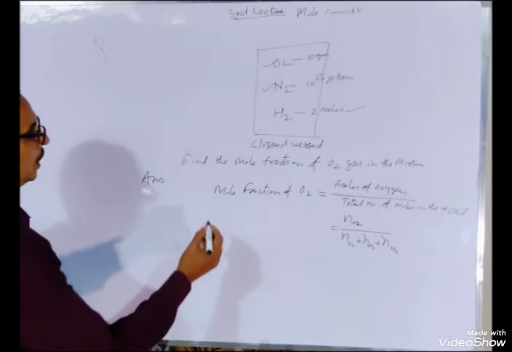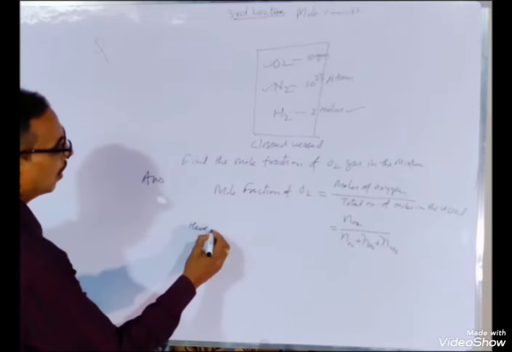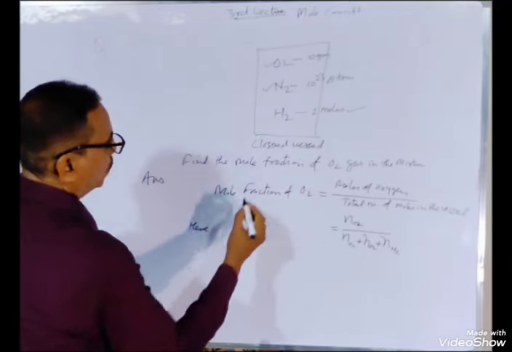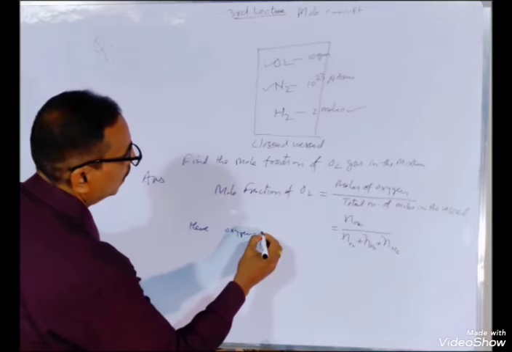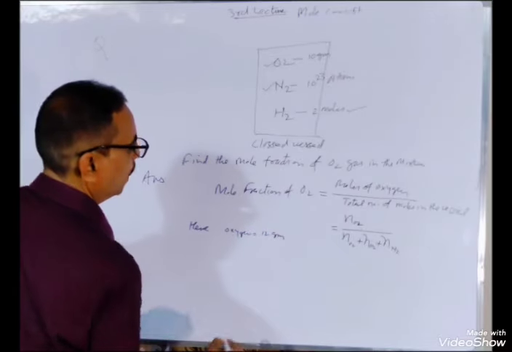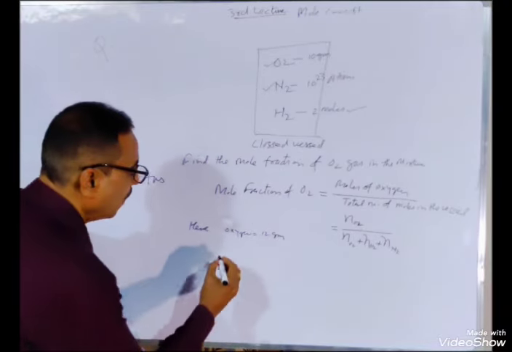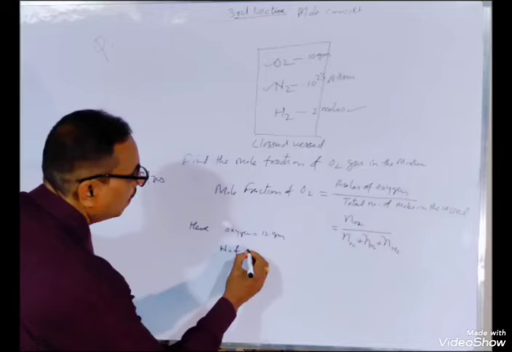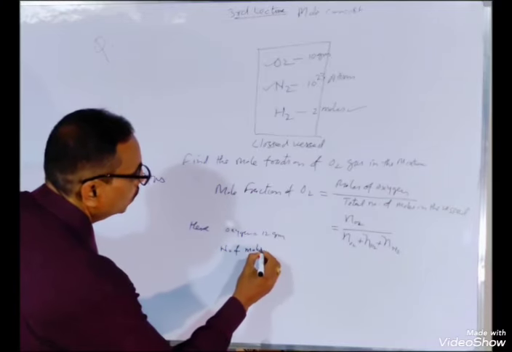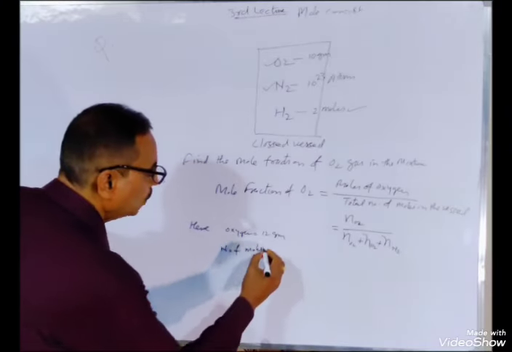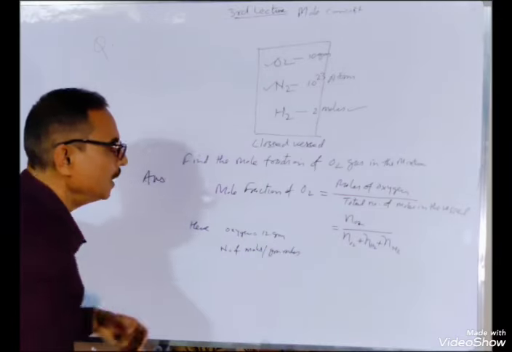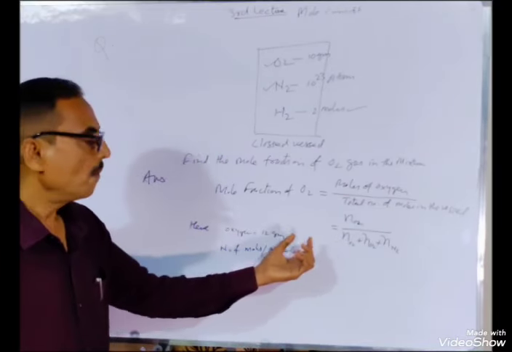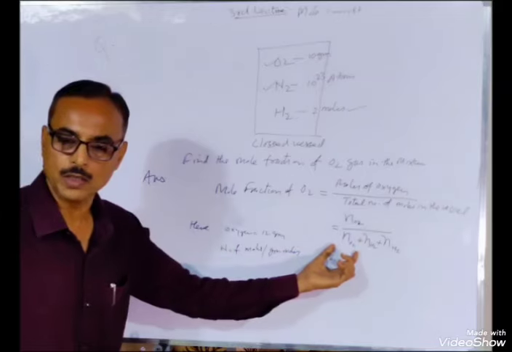So here, the oxygen weight given is 12 gram. So the weight is given, and we need the number of moles of oxygen present. Number of moles or gram moles are the same thing. Gram moles means weight in grams. Pound moles means weight in pounds.